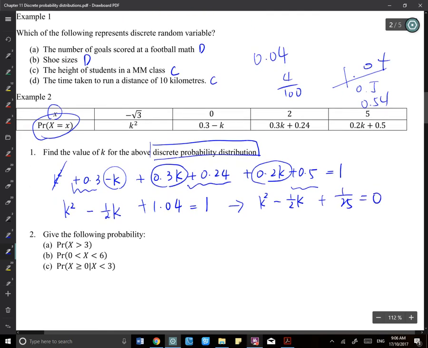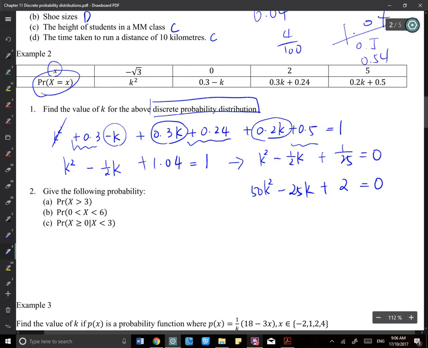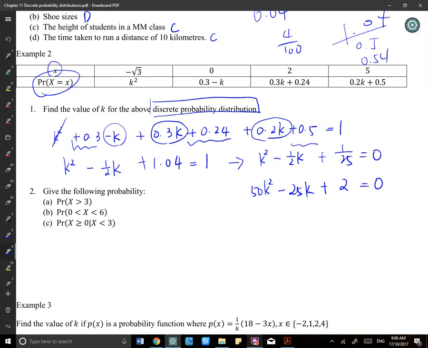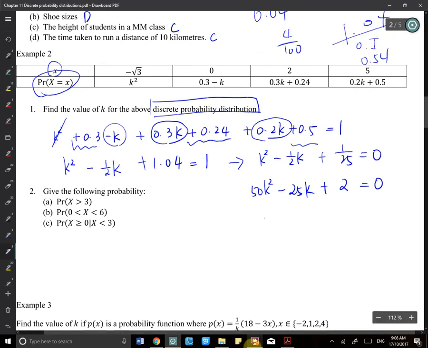I can times 50. 50k squared minus 25k plus 2 equals to 0.